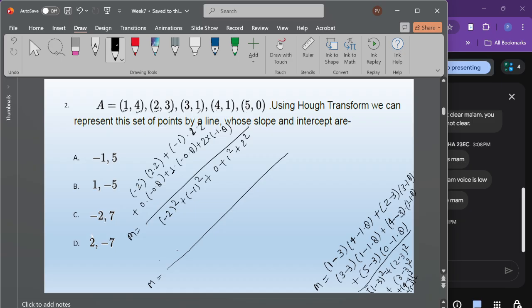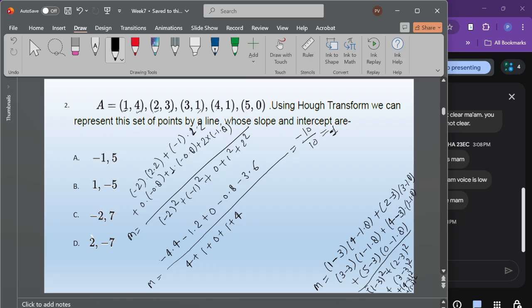So now if you multiply all these values you will get minus 4.4 and here minus 1.2 plus 0 minus 0.8 minus 3.6, and here 4 plus 1 plus 0 plus 1 plus 4. So now if you add all these values, in the numerator you will get minus 10 by 10, so the slope you will get minus 1.